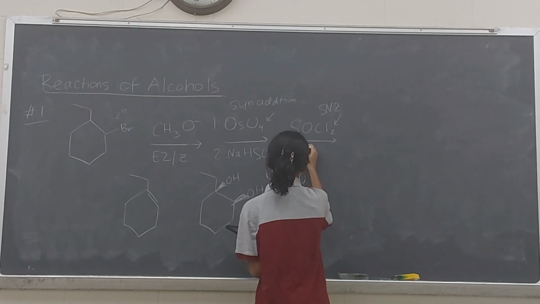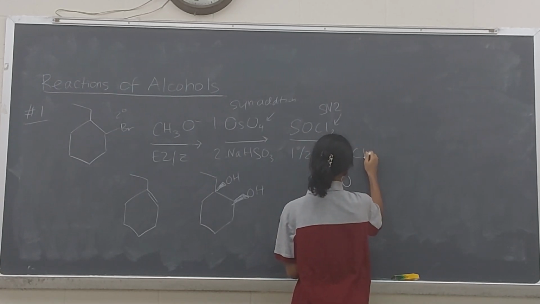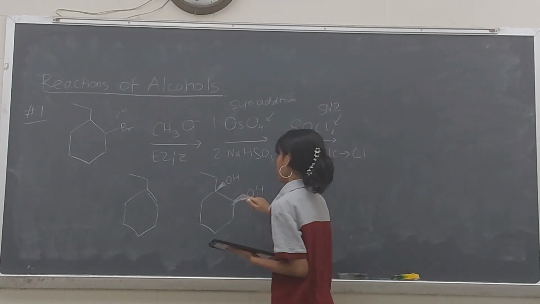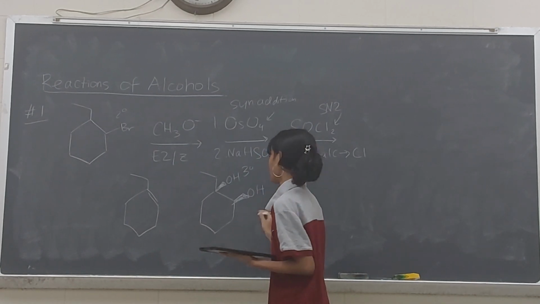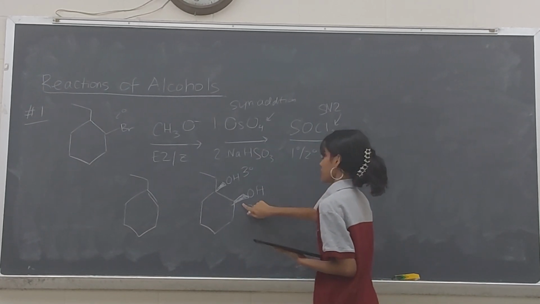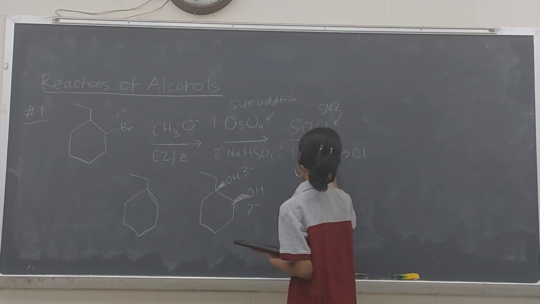And it'll turn a 1 degree or 2 degree alcohol into chlorine. This alcohol is 3, right? So this is gonna stay the same. And this one's 2. So we'll turn this into chlorine. And as I said, if it's on a wedge, it'll turn into a dash.